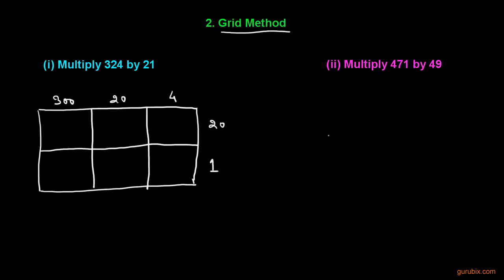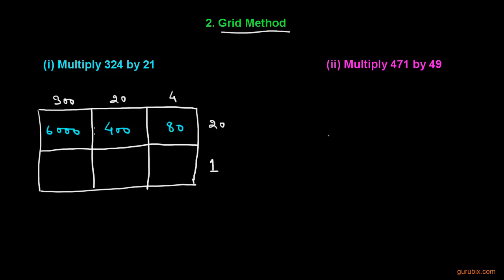And now we shall start filling these boxes. First of all, we shall multiply 300 with this 20. Then we get 3 times 2 is 6, and we shall write 3 zeros with this 6. And now we shall multiply 20 with 20, we get 400. 4 with 20, we get 80.